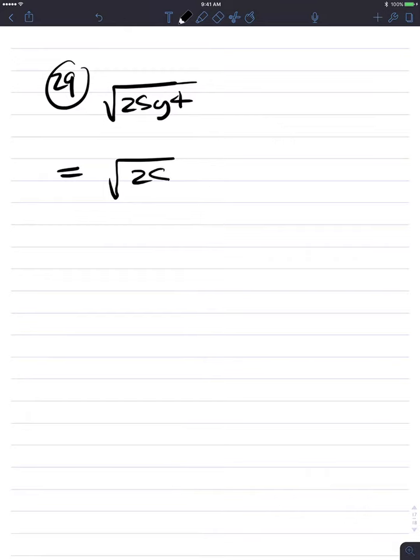Number 29. The square root of 25y to the 4th power. By the product rule, square root of 25 times the square root of y to the 4th power. The square root of 25 is 5. The square root of y to the 4th power, let's remember, they didn't give us an index. By default, it's 2.